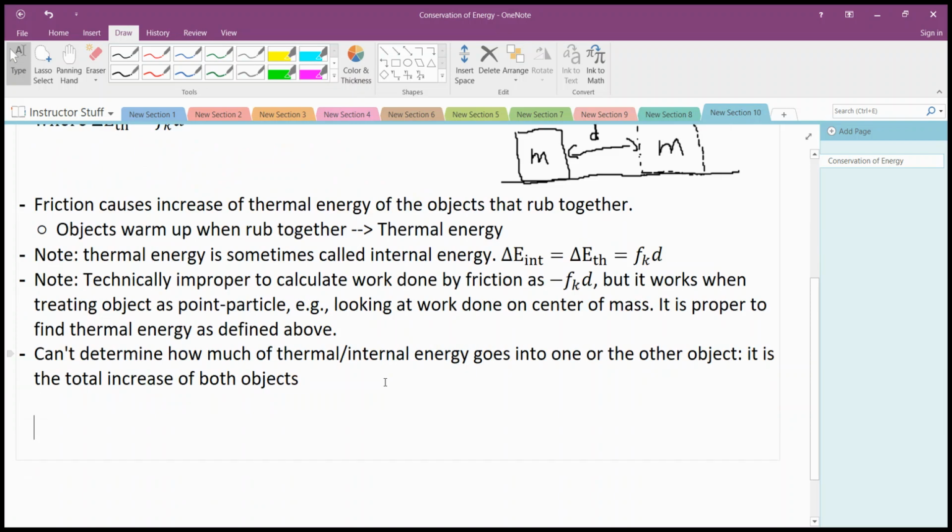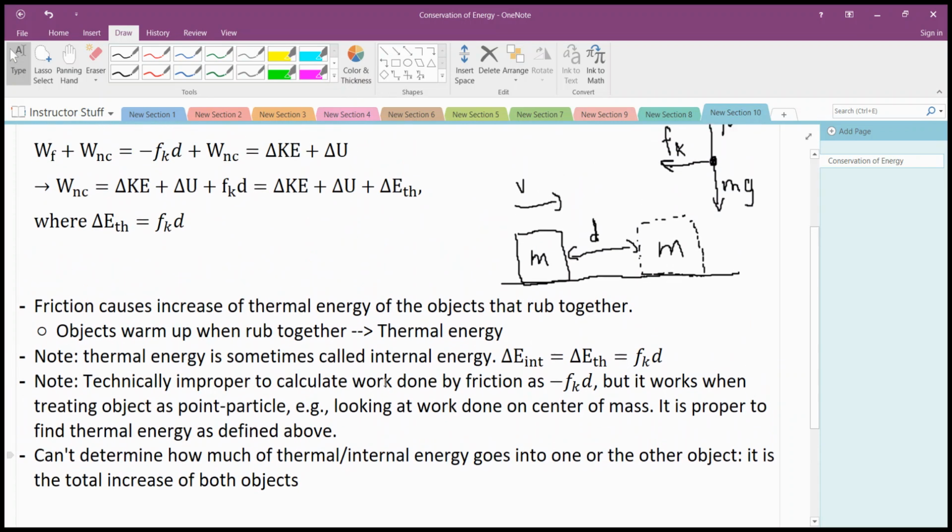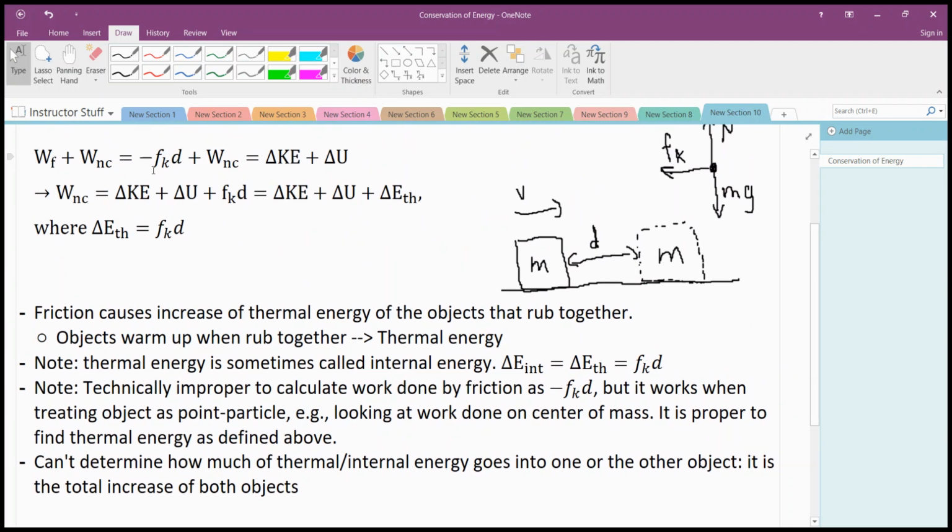So that's thermal energy. Now, how does this relate to energy conservation again? Well, remember, from our work energy theorem, we can either think of the work done by friction on the center of mass plus work done by non-conservative forces as change in mechanical energy, or we can think of the work done by non-conservative forces as the change in mechanical energy plus the change in thermal energy.